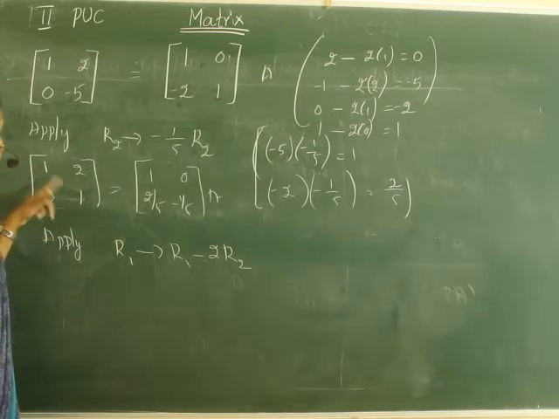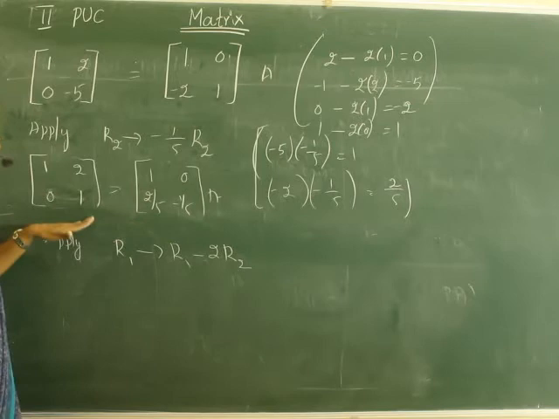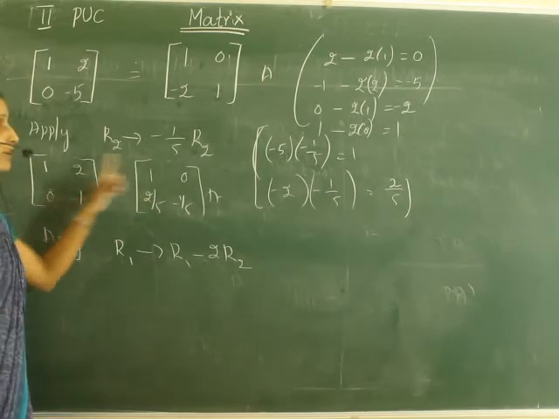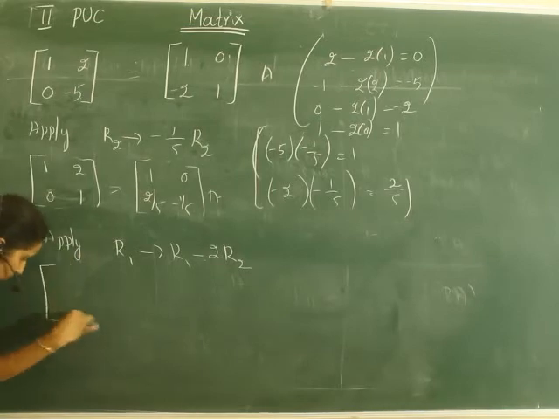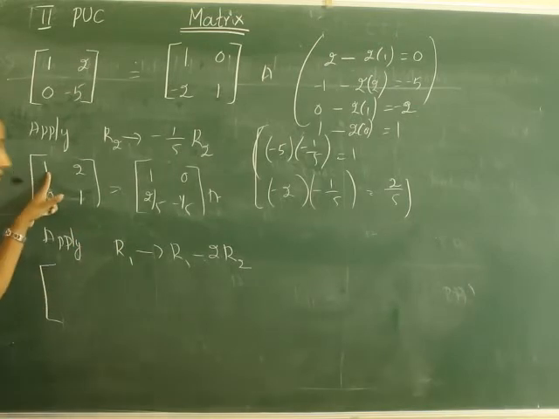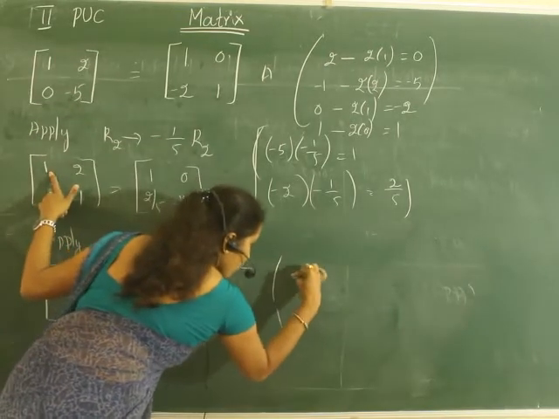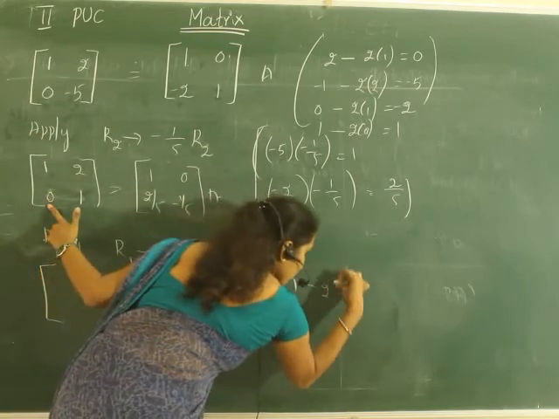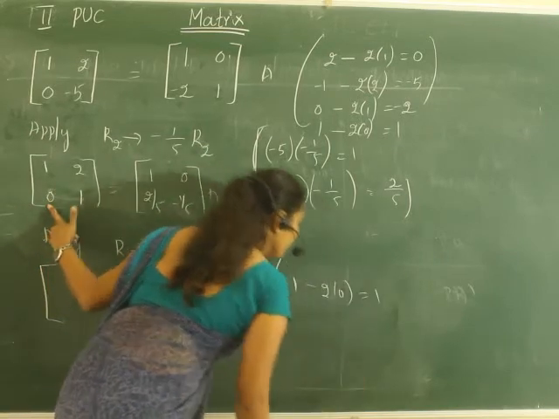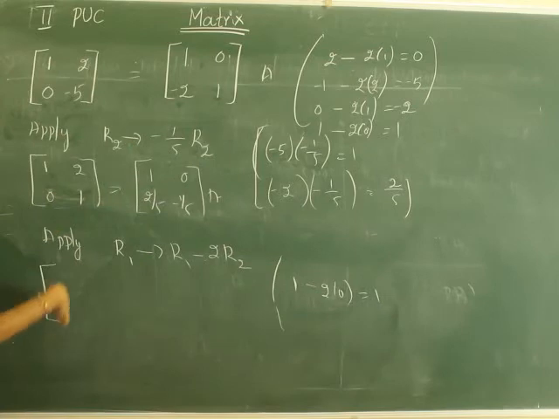So what do we get now? R2 elements are as they are; only the R1 elements change. If I perform R1 minus 2 into R2, R1 is 1, minus 2 into 0 is 0. This will be 1, so the first element is 1 itself.